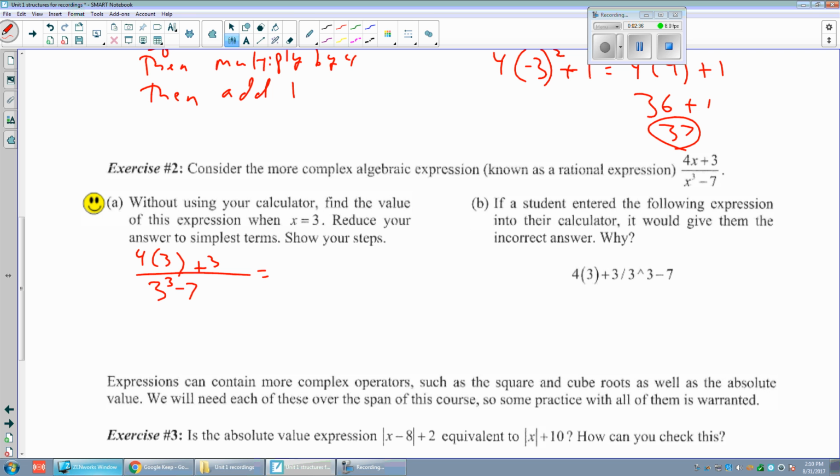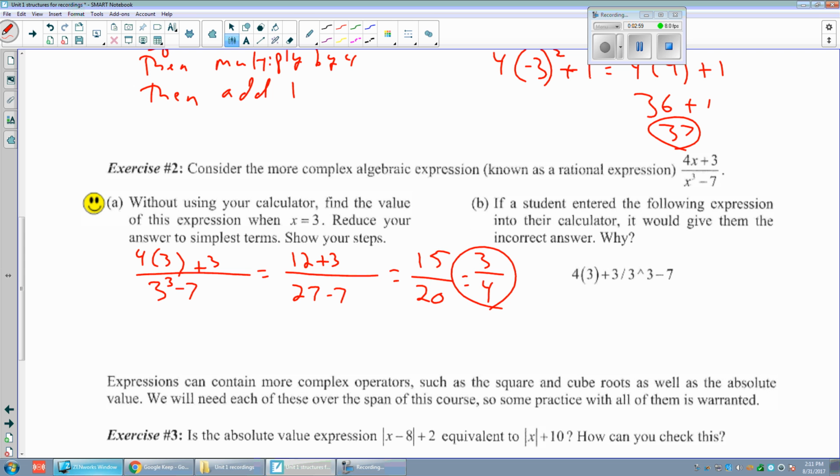That equals, do the top, 12 plus 3. Do the bottom, 27 minus 7. Do the top, 15. Do the bottom, 20. It says simplify. 5 goes into 15 3 times. 5 goes into 20 4 times.